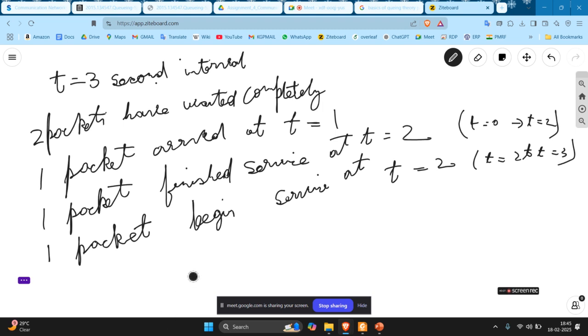So what is alpha(t)? Number of arrivals. Number of arrivals is one packet was, two packets here, third packet here, fourth packet here, and fifth packet here. So number of arrivals is 5 packets. 5 packets are total.